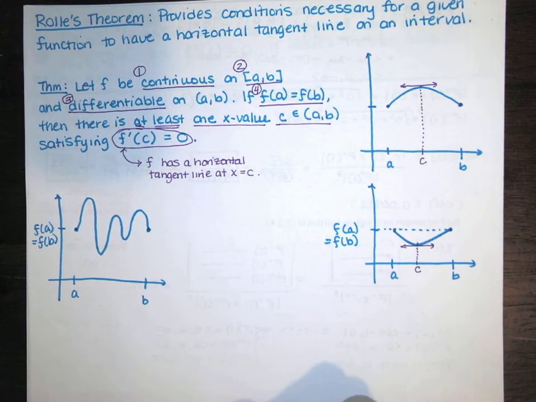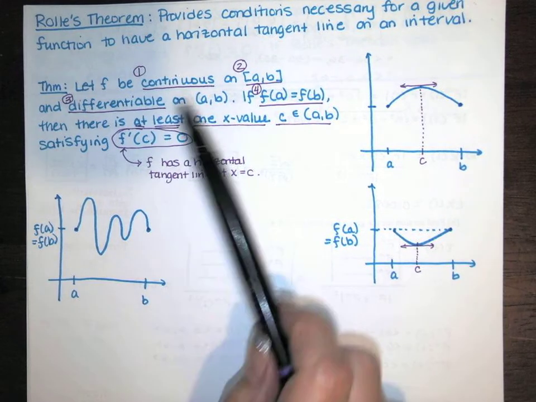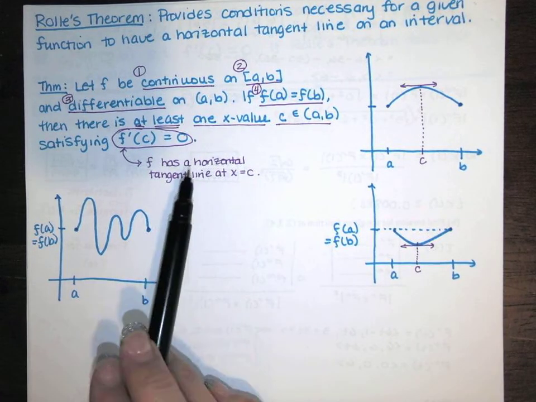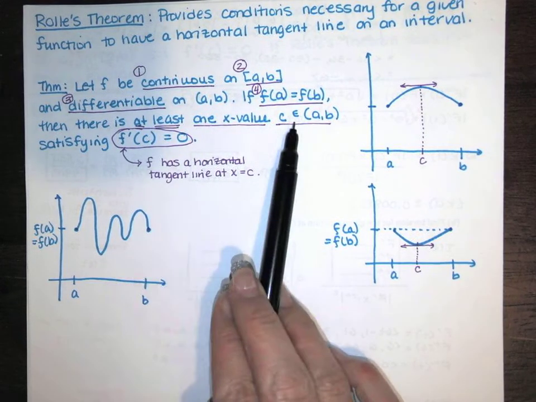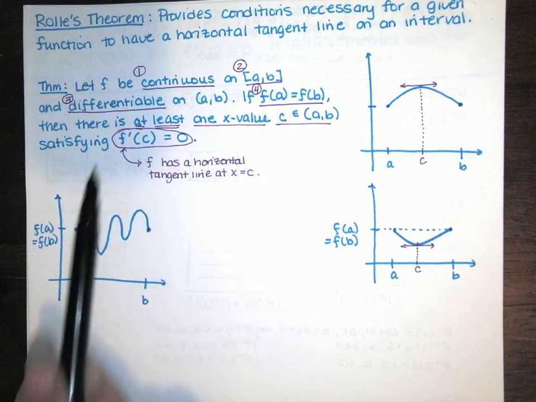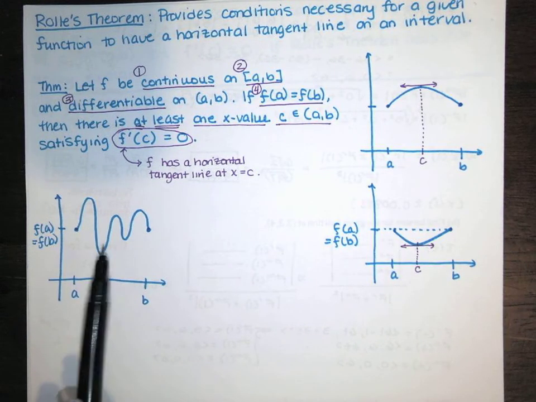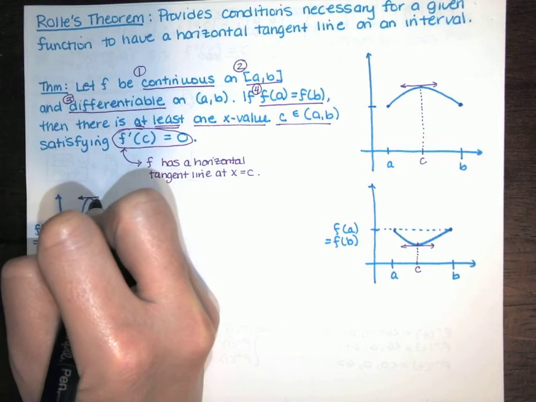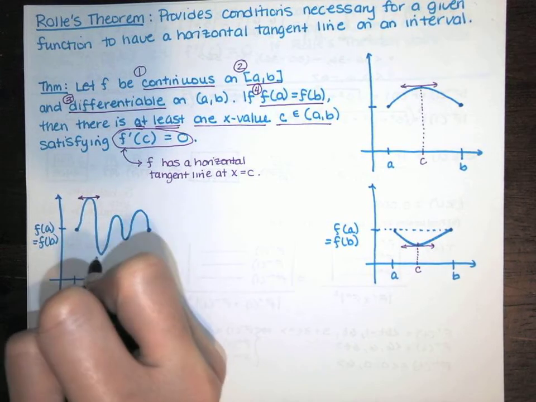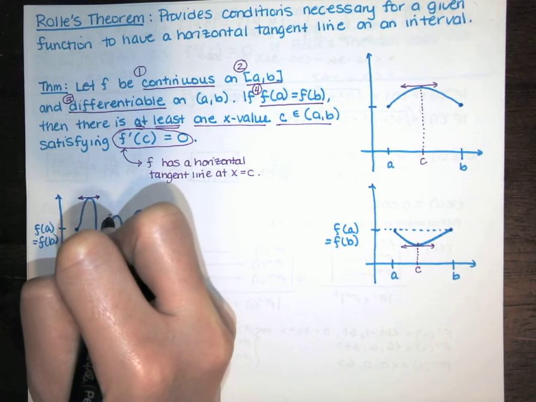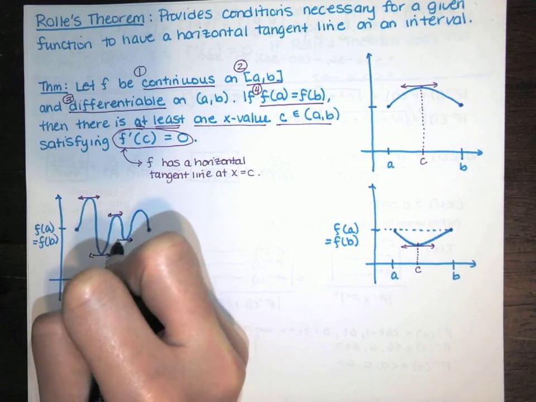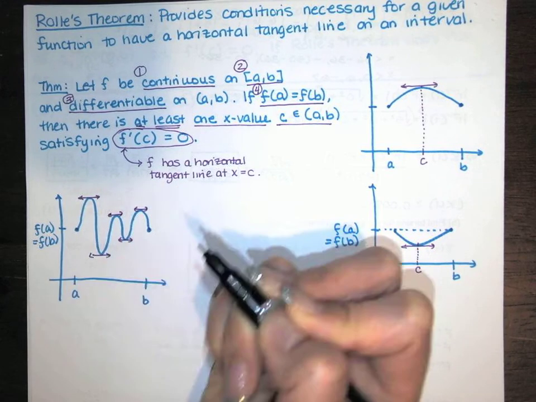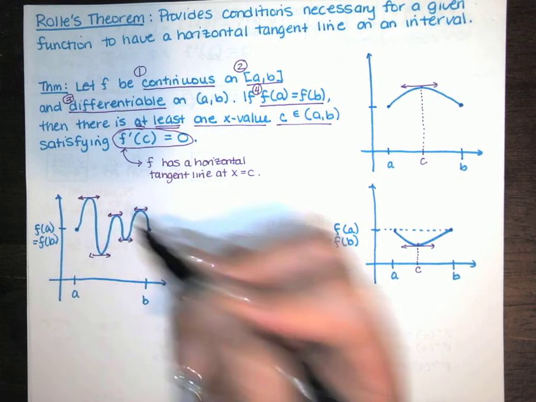It might look like that. If the function's continuous and differentiable, we're guaranteed to have at least one value, x equals c, on the interval where the slope is 0. But we might have more than one c value. We have a 0 slope at the top there, and at the bottom here, and at the top there, and at the bottom there, and at the top there. So we actually have 1, 2, 3, 4, 5 c values.